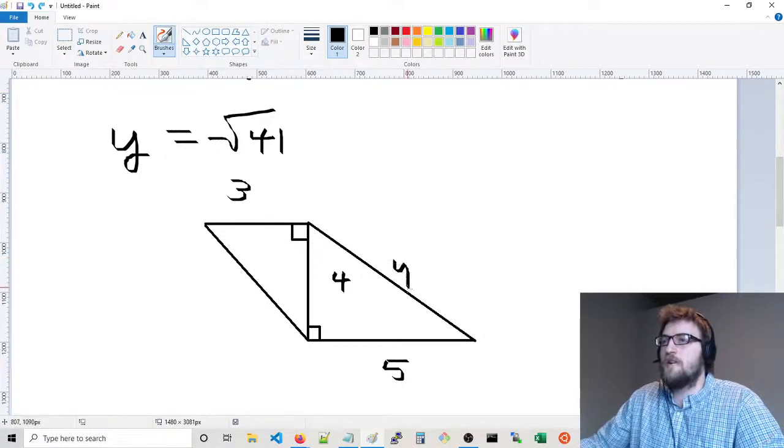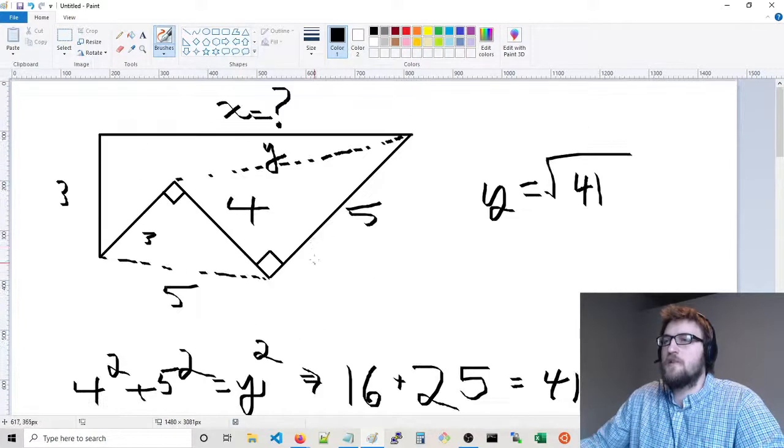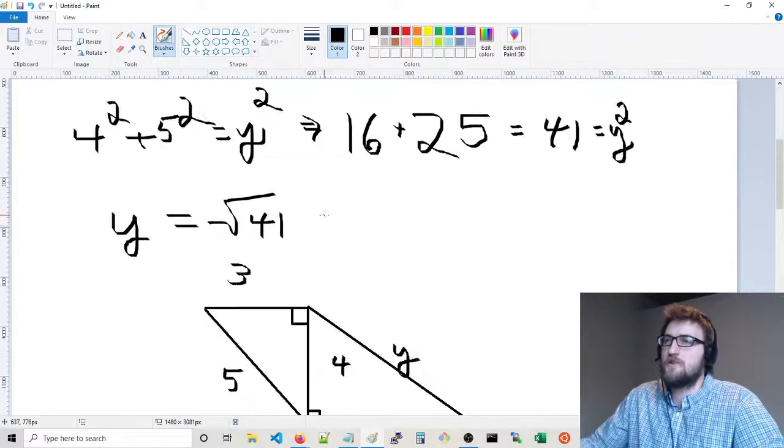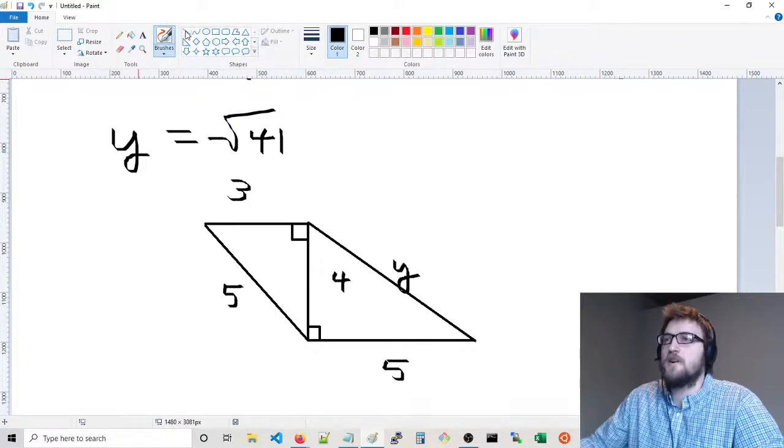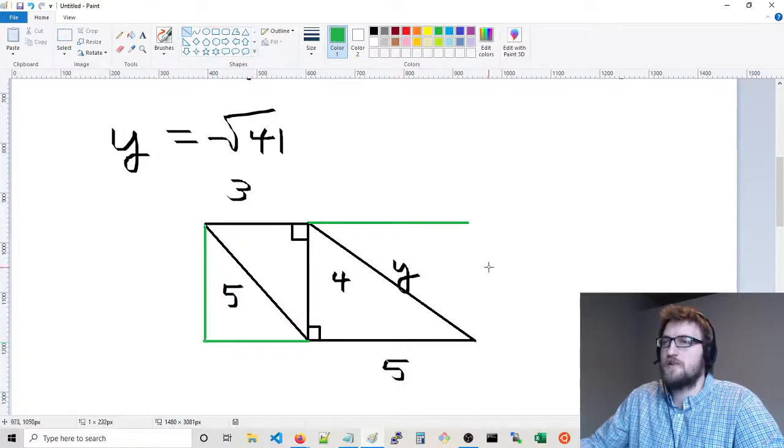This is y. And what's interesting is this is 5. What's interesting is that you can take this 3 and this 5, and you can make a box out of this. Let's use green. And you could go ahead and extend that, make a nice box here.